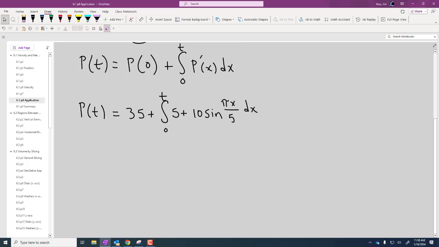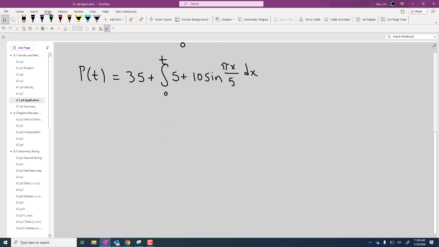Now we have that whole linear business again. What's inside the angle is linear. Pi x over 5 is linear. What is the derivative of pi x over 5? Pi over 5, right? The coefficient of x.